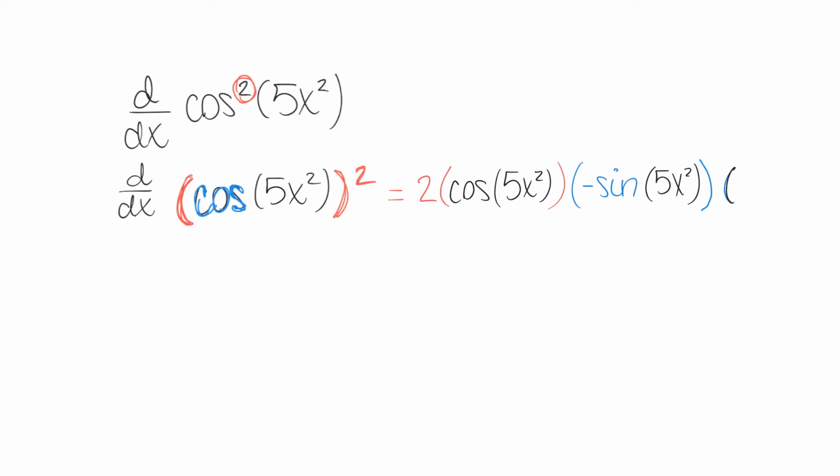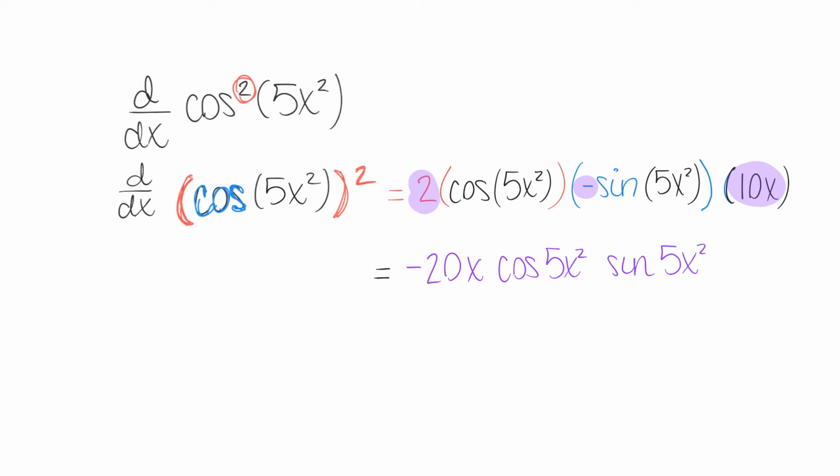Okay, for our final cleanup, we're going to multiply everything that can be multiplied easily to the front. That's going to be my 2, my negative 1, and my 10x. So that's going to give me negative 20x cosine 5x squared sine 5x squared. And I'm done.